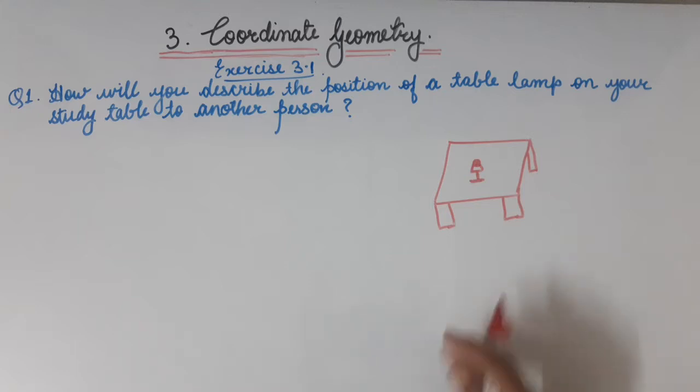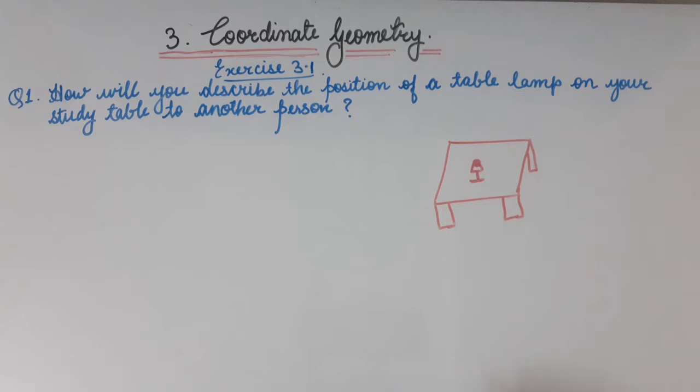Now if we consider the study table as a plane, and in that plane the lamp as a point. Now we have discussed the Cartesian system. To locate or to give position to a point, we need two axes, right? X-axis and y-axis, to describe the position of a point in a plane.